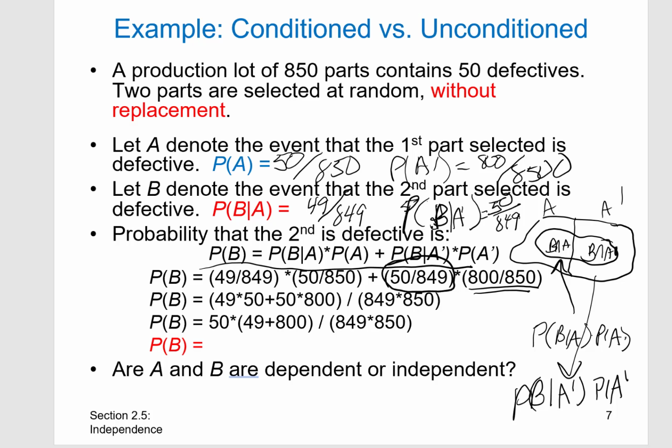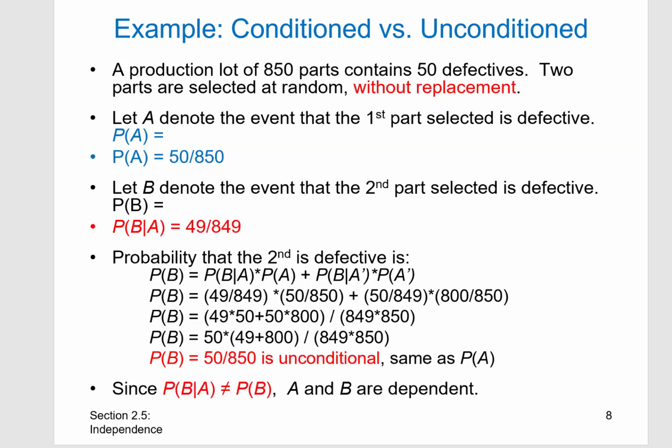That's this number right here. And I multiply that by the probability of A prime. And so I get this number right here. The probability of B, putting them together, is 50 over 850, which is the same as the probability of A. Since the probability of B given A doesn't equal the probability of B, then A and B are dependent.